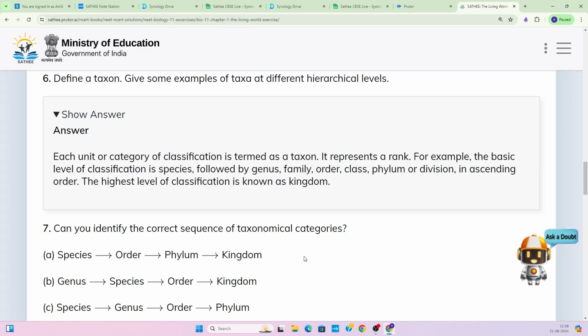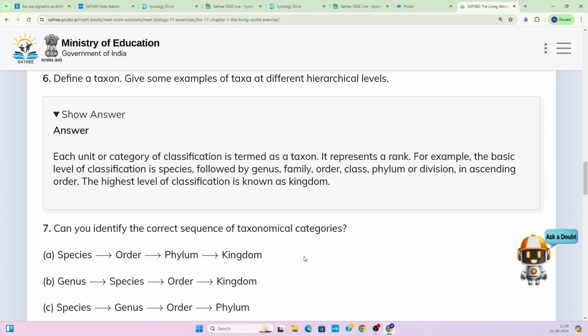At this level, when you are following the animal kingdom, it is phylum, but when you are following plants, it is division. And the highest category above phylum and division is the kingdom. So this is the taxonomic category, or you can say the hierarchy in the classification.